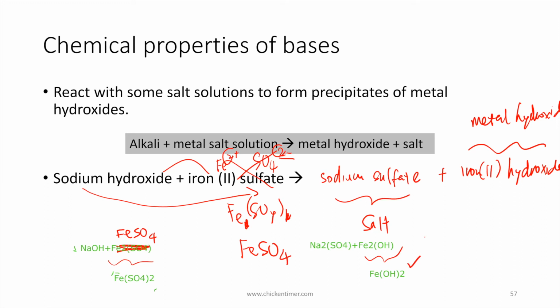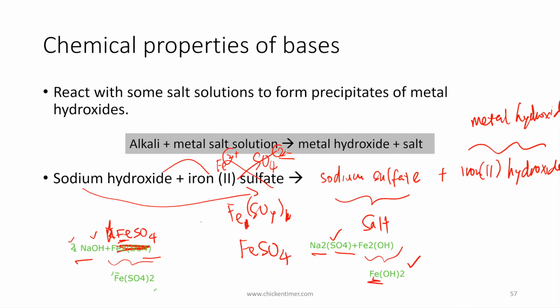Then you can start balancing. So this 2 is correct, the formula. So you put a 2 here, SO4, SO4. Then you have 2 here, so this one must have a 2 here. Oh wait, no, I looked at the wrong one. This is here, here.